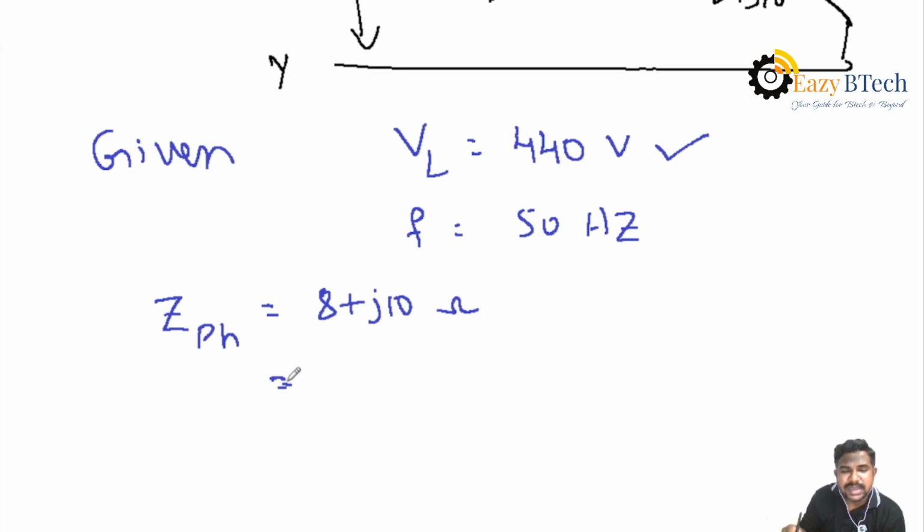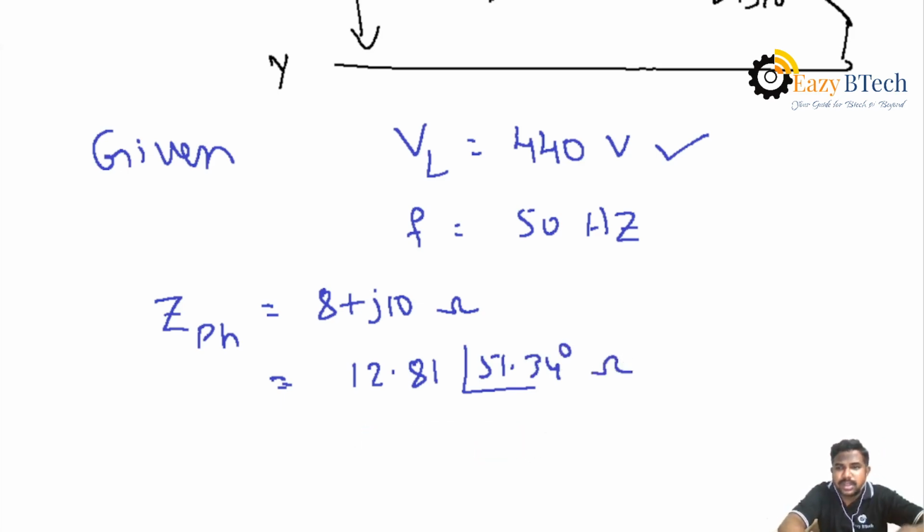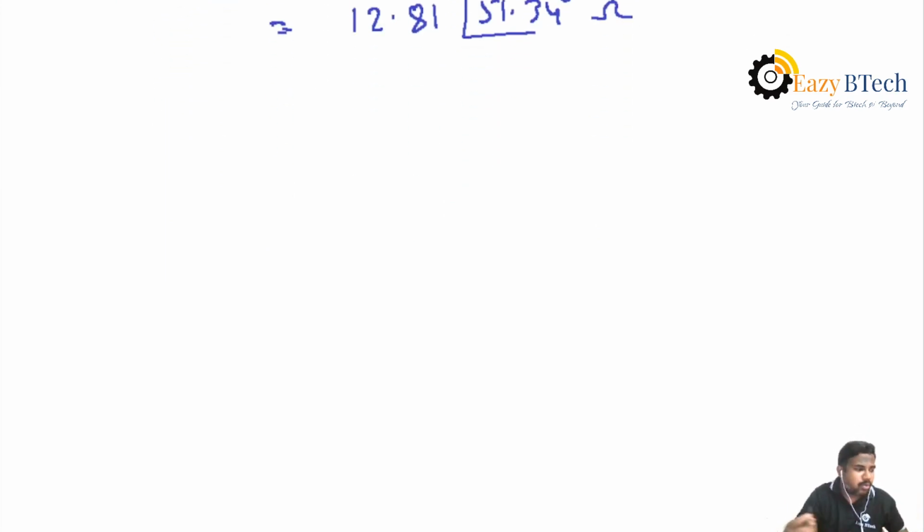You must change the rectangular form into the equivalent polar form. For 8 plus J10, the polar form is 12.81 at an angle of 51.34 degrees. This is the given impedance value in polar form. These are the given values.